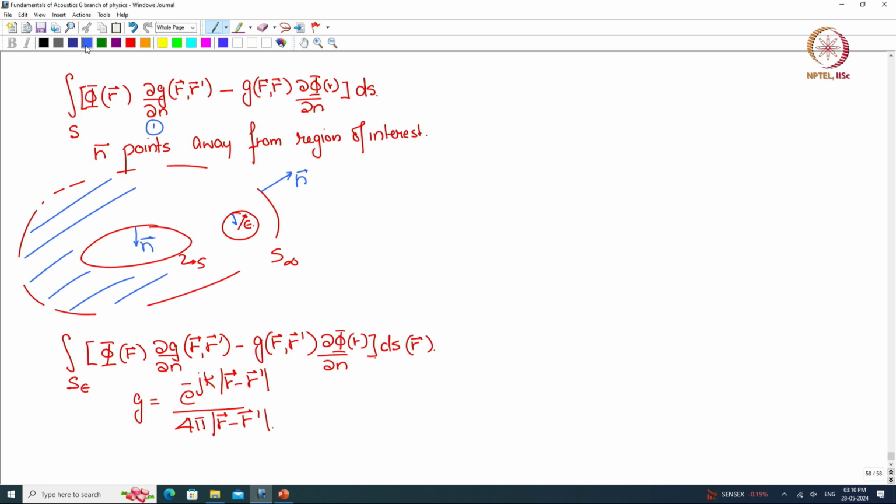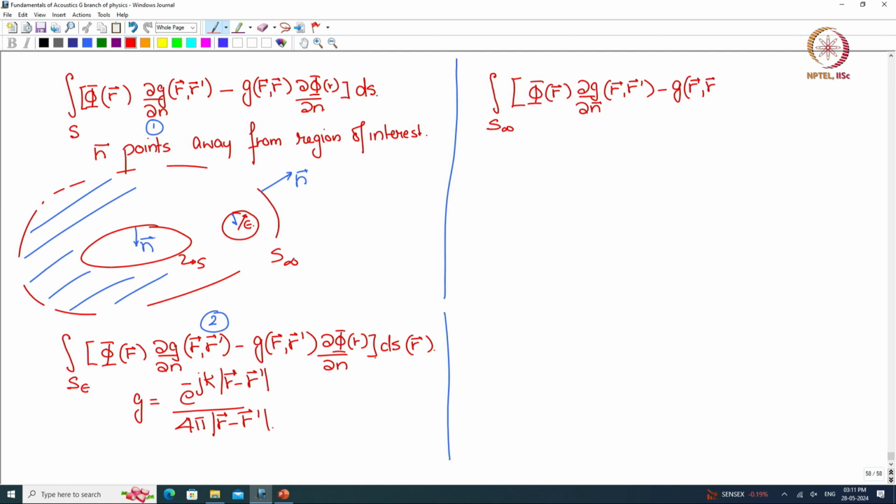Okay, let's call it 2, and then we have the other bounding surface, which is the integral at S infinity of phi of r del g by del n of r comma r dash minus g of r comma r dash del phi by del n of r, and over ds of r.